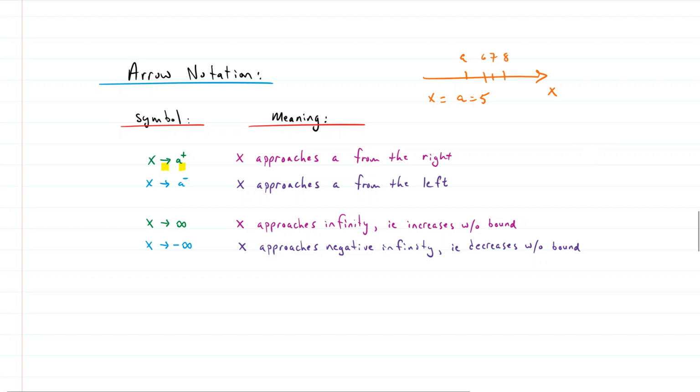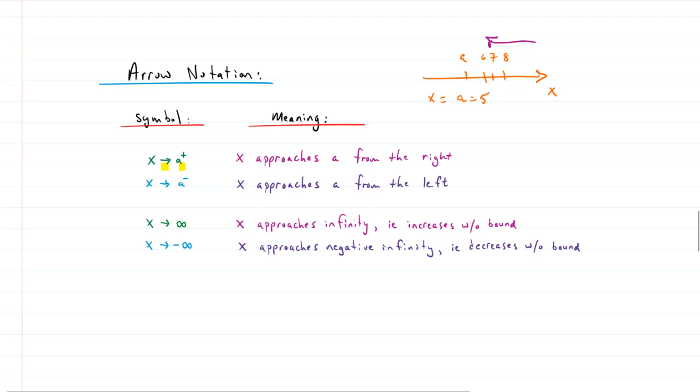So if I'm approaching A on the x-axis from the right, that means I'm coming from a higher or bigger number, and I'm moving towards 5, which is A. So the concept isn't really crazy or new. It's just the symbols that they're using to represent the concept might be new to you.